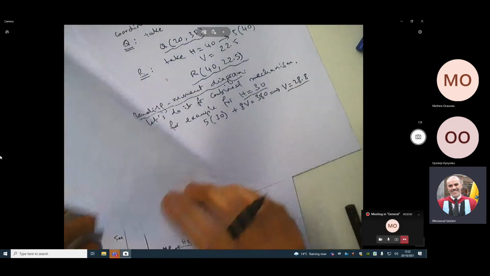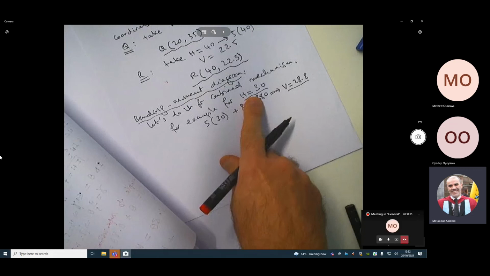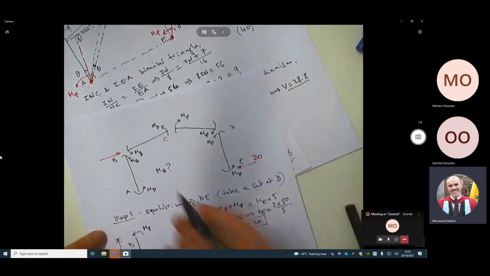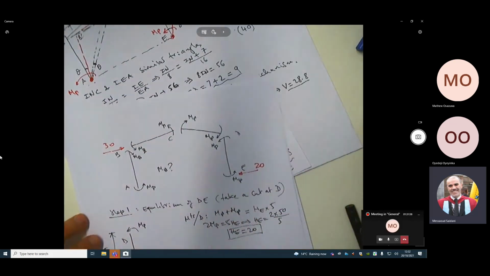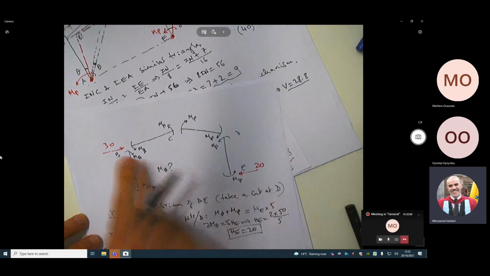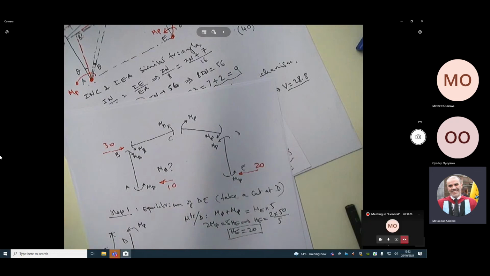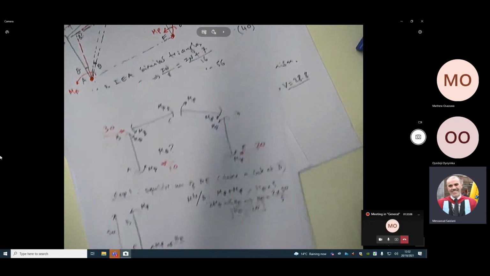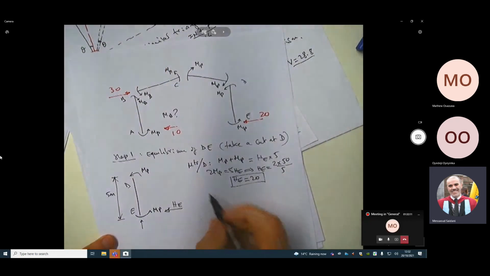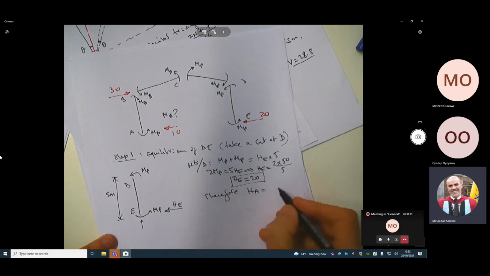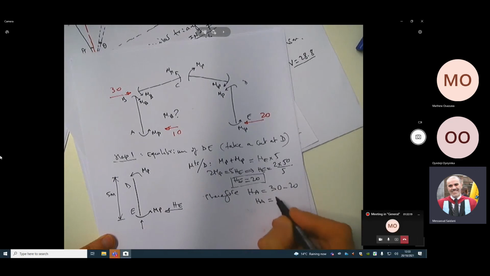I think we took 30. Yeah, 30. So here we have 30. So if this is 20 and this is 30, what's the reaction at A for equilibrium? 10. So therefore HA is 30 minus 20 equals 10 kilonewtons.